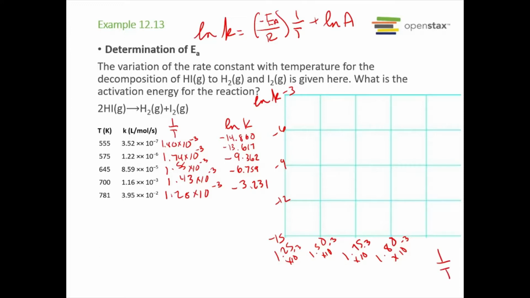Okay, so when 1 over T is 1.8 times 10 to the negative third, so that's over here, our natural log of K is equal to negative 14.860, right about there. And then 1 over T is 1.74, so right about here, at negative 13.617.